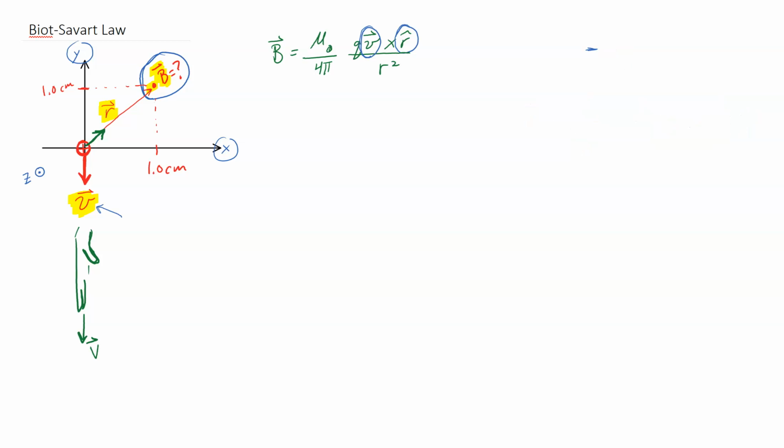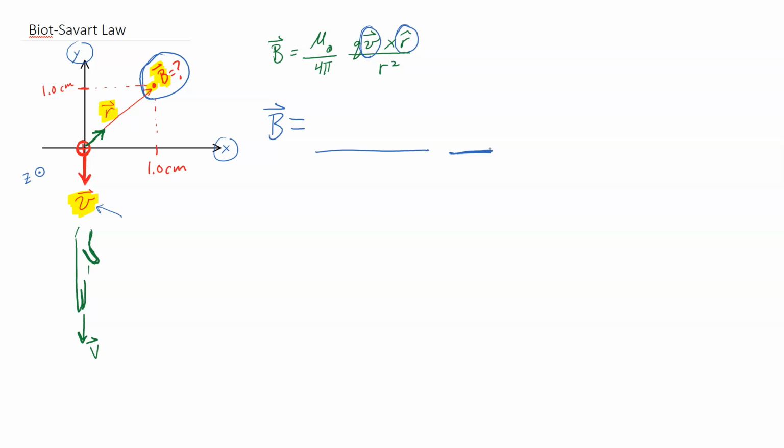The other way is to use this equation to find the magnitude and the direction with the right-hand rule. Let's tackle the right-hand rule and the direction first. So basically, you're going to get B equal to some magnitude and some direction. Let's find the direction with the right-hand rule.